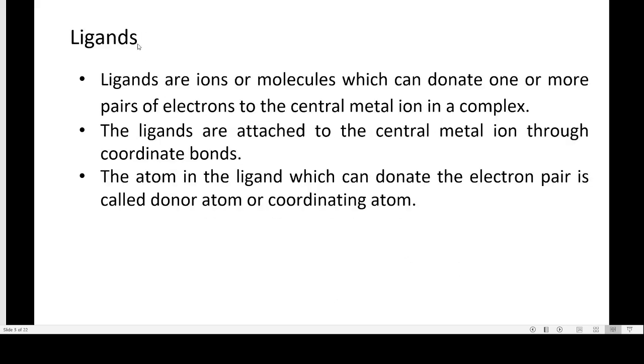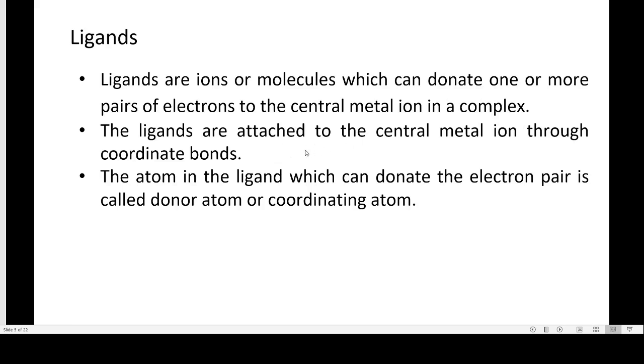Then, what are ligands? The important term in this topic, ligands, are the ions or molecules which can donate one or more pairs of electrons to the central metal ion in the complex. These ligands donating a pair of electrons form a coordinate bond with the central metal ion.